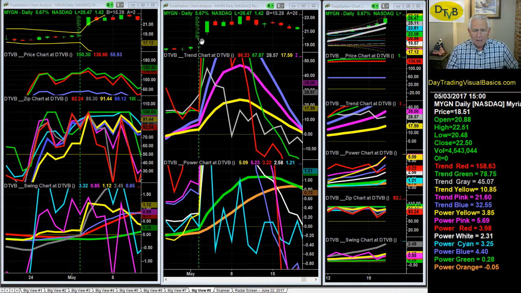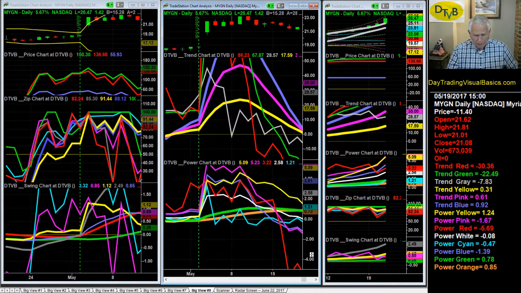MYGN, and this is on May 2nd, 2017. And you can see down here in the power chart that we have, let me go back here, red. Power red is obviously the highest. That's in a TOC higher pattern.